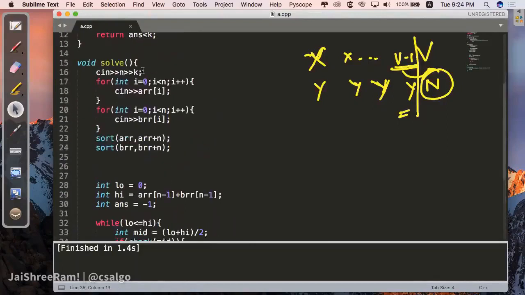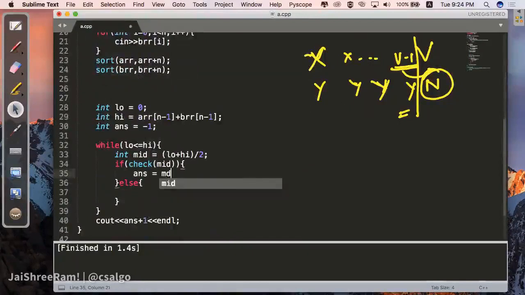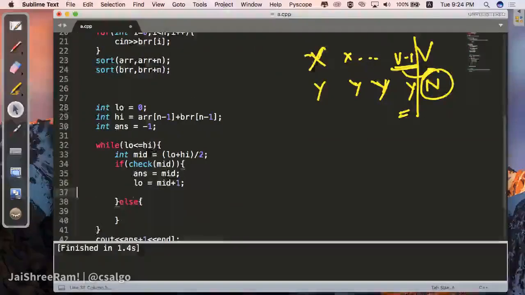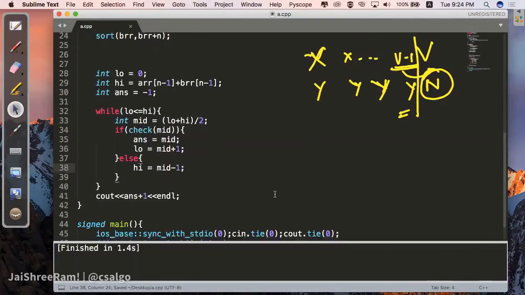When we get this particular number to be true, we know that the answer is either equal to mid, and we need to go to the higher range. So low equals mid plus 1, or else high equals mid minus 1, right? Make sure you understand why this idea is working.